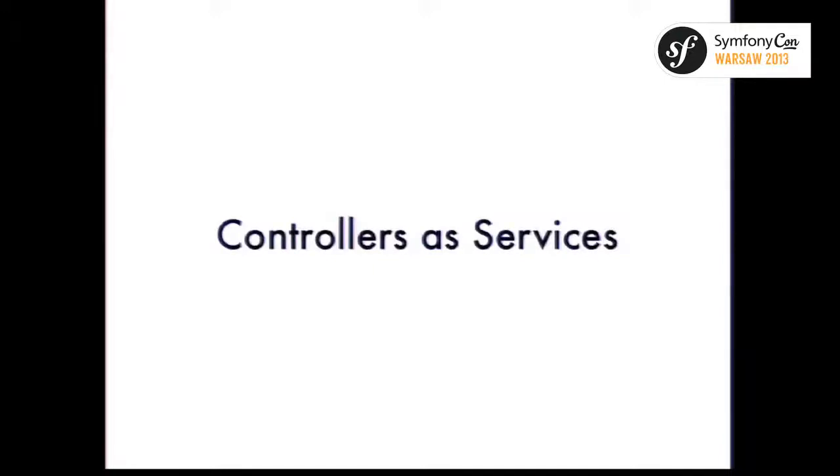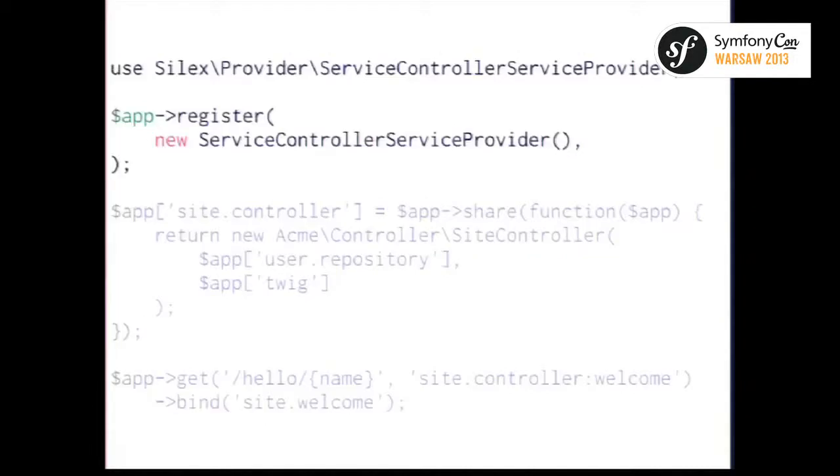So the next step is controllers as services in the container. I'm a big fan of this, but it did actually split the Symfony community for a while. I think a lot of people weren't keen on it, but I think more people are coming around now. Silex actually ships with this capability, but you have to turn it on, and it's in the form of a service provider.